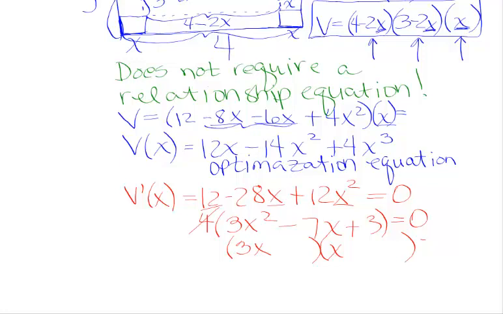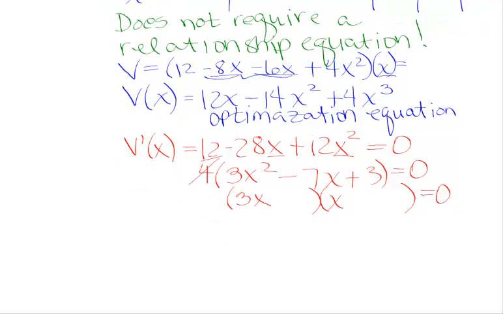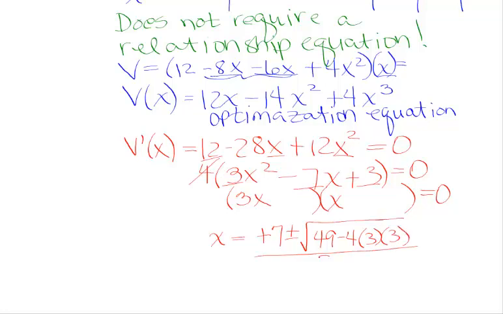So I do always have the option of using the quadratic formula. Here's A, here's B, here's C. So it's negative B plus or minus the square root of B squared minus 4 times A times C all over 2A.